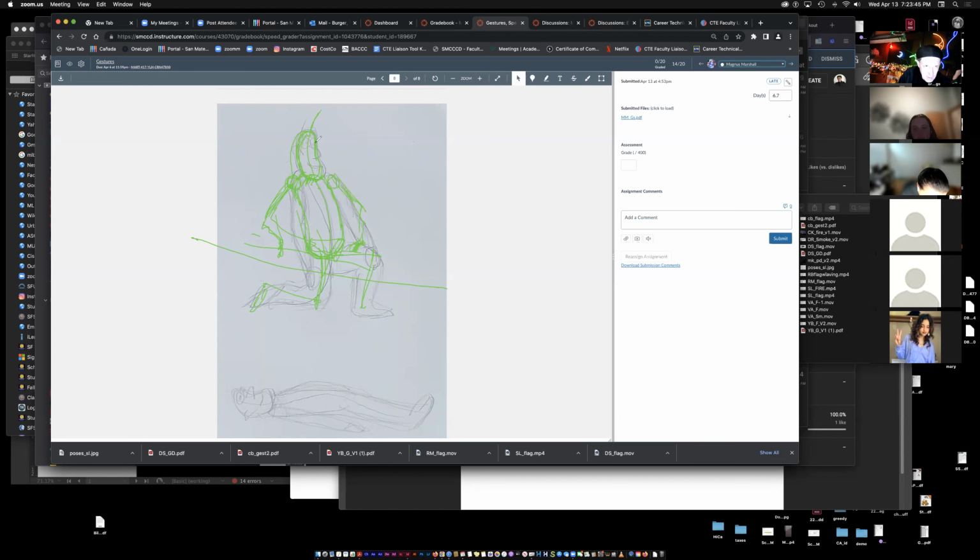But you can see that the way I've helped you with this part of the line of action, which is quite a bit different than the way you have here, helps redirect this pose. It brings the pose more solidly into the gesture.